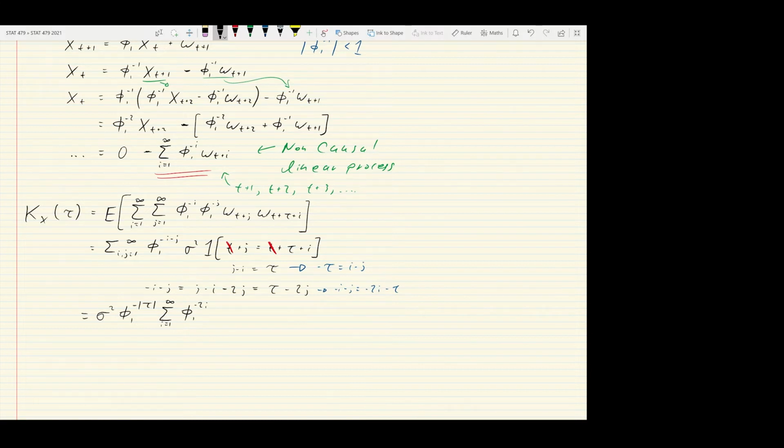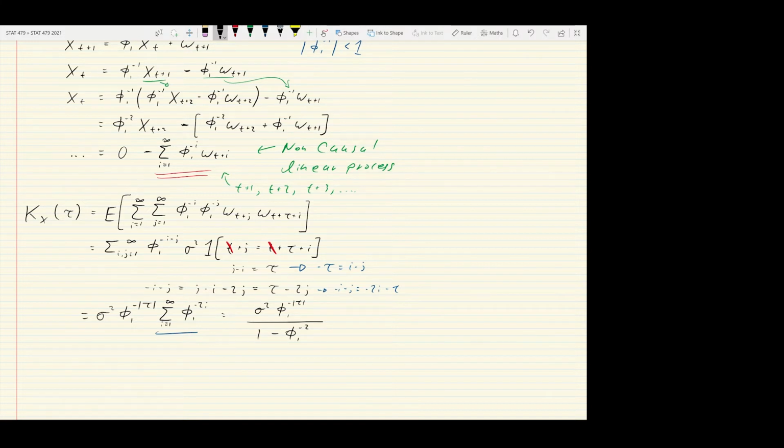Yeah, the manipulations can be quite tedious in time series. The reason that I'm trying to do all of this is so I can sum up this last guy as a geometric series. Let me highlight that in a better color. So this thing in blue here is a geometric series. So what I end up with is just sigma squared times phi 1 to the minus tau, and I'm going to divide that whole thing by 1 minus phi 1 to the minus 2.